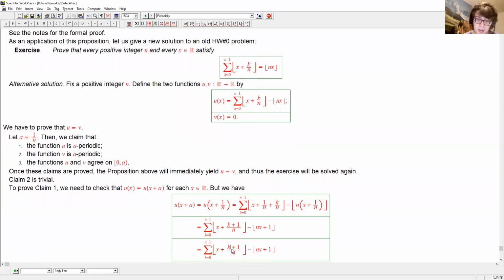In the sum, we have this k plus 1, we rename it as k. So we substitute k for k plus 1. As a consequence, we get the same sum, but it goes from 1 to n, not from 0 to n minus 1. This is just the floor of nx plus 1, because if you're adding an integer, you can pull this integer out of the floor. In our case, we're pulling the 1 out of the floor.